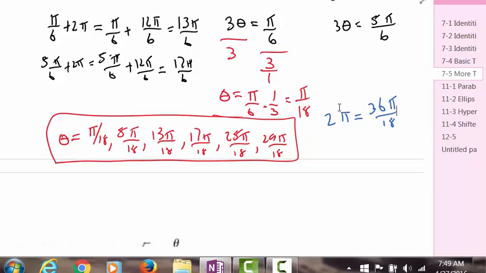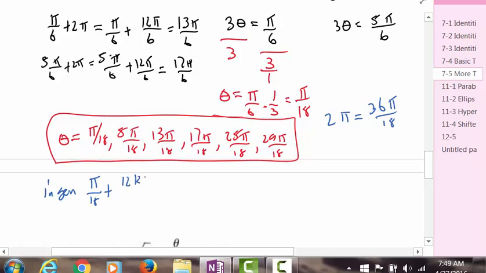I'm adding 12 pi over 18, right? So I'm adding some multiple of that. So in general, if I wanted to figure out an infinite number of these things, I would say pi over 18 plus 12k pi over 18 would give me an infinite number of these angles.